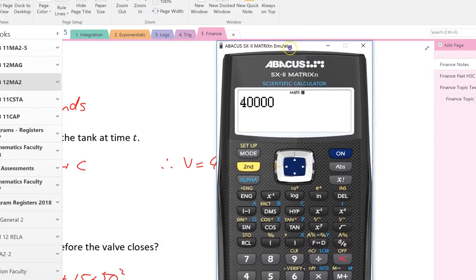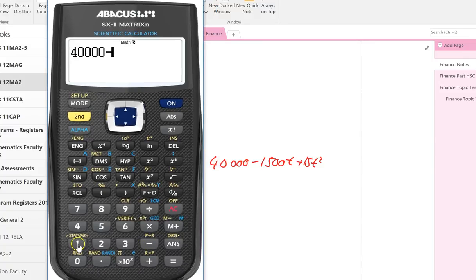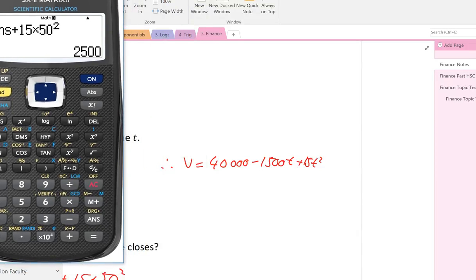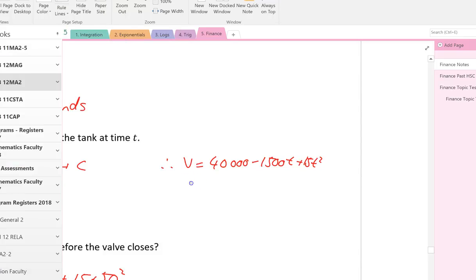Right, I'm back. 40,000 minus 1,500 times 50 plus 15 times 50 squared equals 2,500. So, the volume of my tank after 50 seconds equals 2,500 litres.